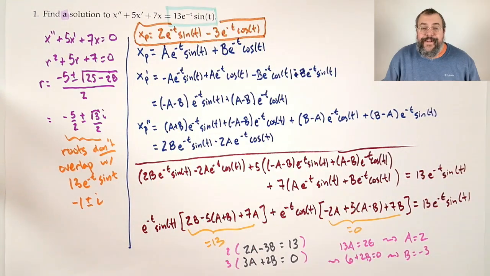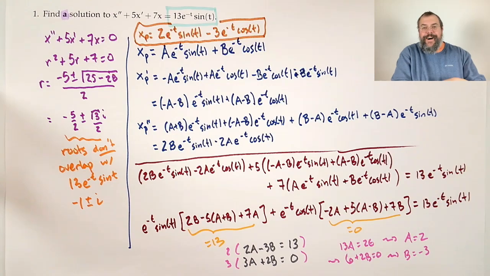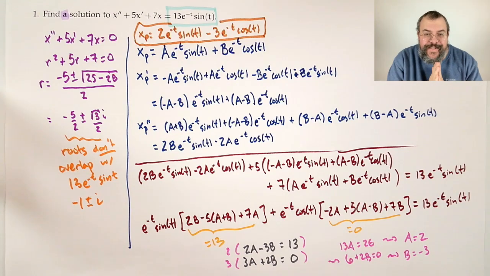And that's it. There's our answer. 2e to the minus t sine t minus 3e to the minus t cosine t. What a nice answer.